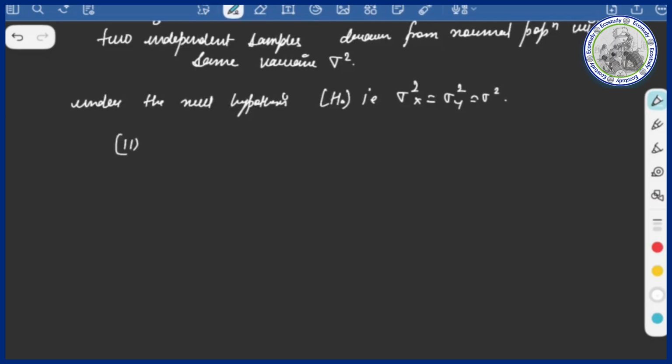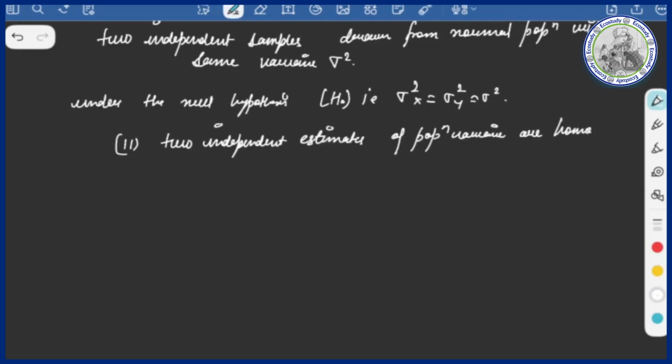and the second is two independent estimates of population variance are homogeneous.